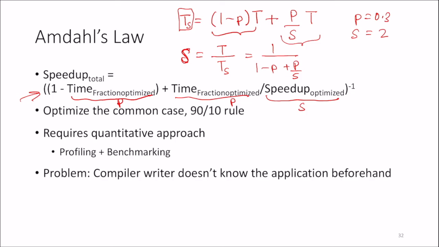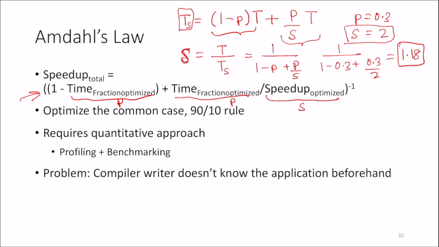Well, this equation tells us the actual speed up will be 1 over (1 minus 0.3 plus 0.3 divided by 2), which is equal to 1.18. Overall, you might expect a speed up of twice as much, but actually the speed up that you will get is just a little bit more, about 20% more than your existing program execution time.